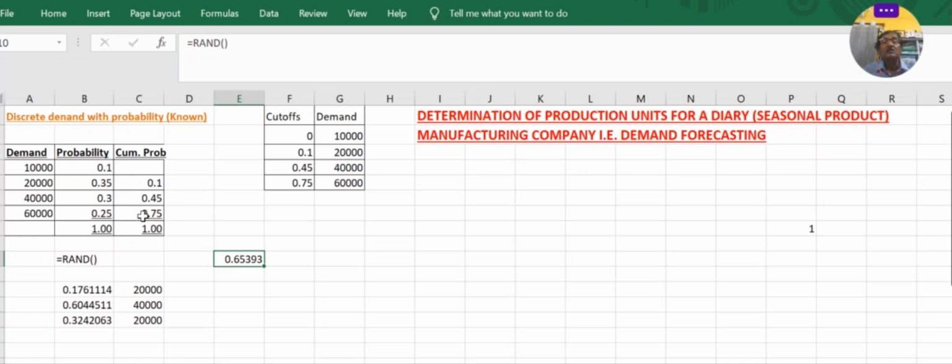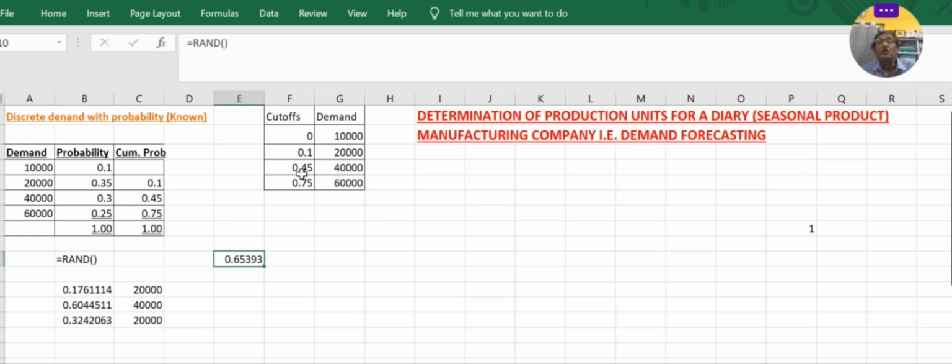What does it indicate? This is again written here in the data range. This means if the random number value is more than 0 and just below 0.1, then the demand will be considered as 10,000, and from 0.1 to just below 0.45, the demand will be 20,000.